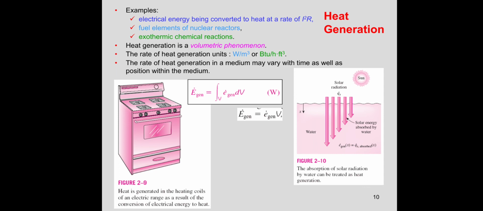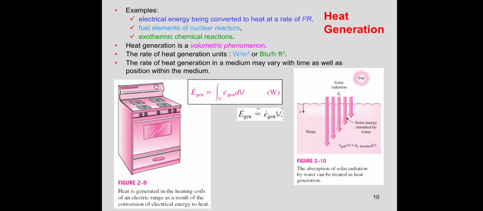That means in the nuclear reactor fuel element, due to the nuclear reactions, heat will be generated. Then exothermic chemical reaction: if you consider any reaction, and by mixing two or three chemicals, the heat will be generated. So that is the best example of heat generation.